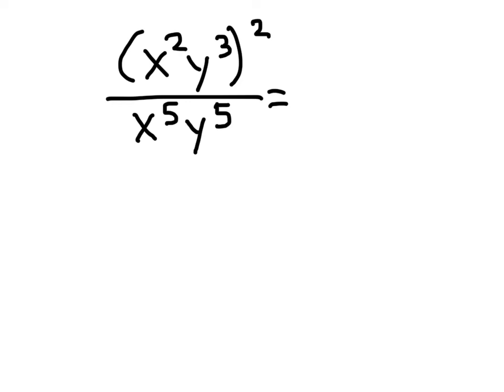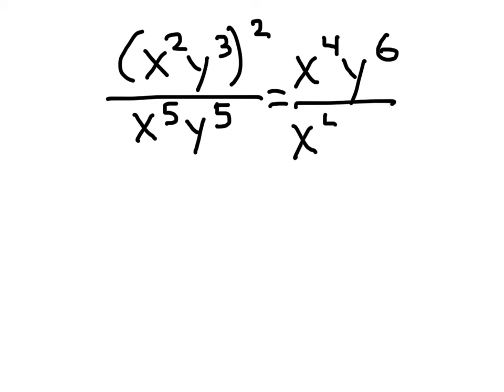Since we're squaring these base numbers inside the parenthesis, we're going to multiply the exponents together. So x squared times 2 is x to the 4th. Y cubed times 2, that's y to the 6th. Okay, and that's all over x to the 5th, y to the 5th.